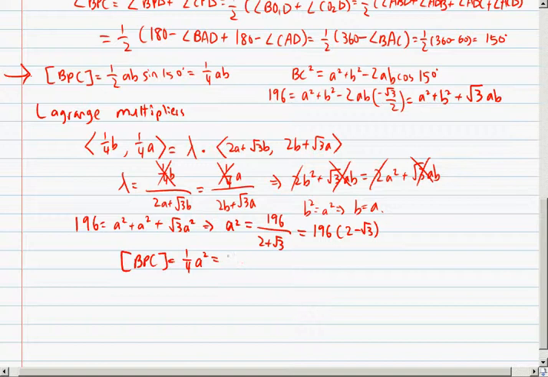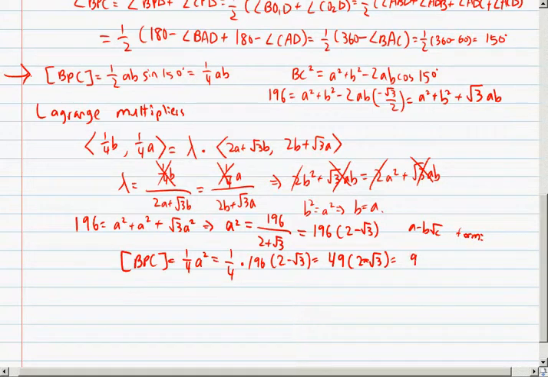And plugging this in and simplifying gives us the area of BPC equal to 49 times the quantity 2 minus √3, which in A minus B root C form is 98 minus 49 root 3. So A plus B plus C is equal to 98 plus 49 plus 3, which yields our final answer of 150.